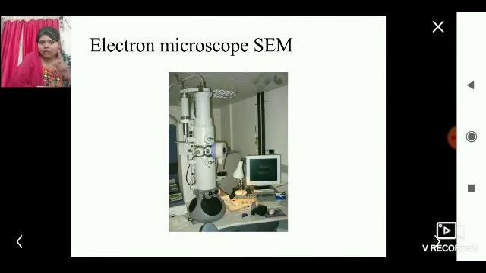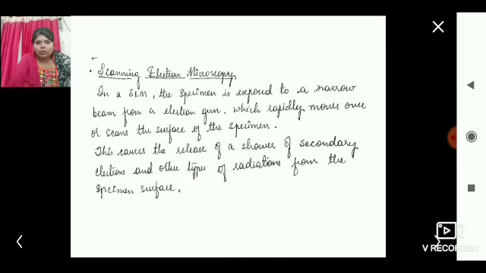This is the electron microscope, SEM, scanning electron microscope. It looks like this. The image is formed on the monitor. You cannot visually see it here; you can actually see it on the system. The scanning electron microscope is exposed to a narrow beam from an electron gun, which rapidly moves over or scans the surface of the specimen.